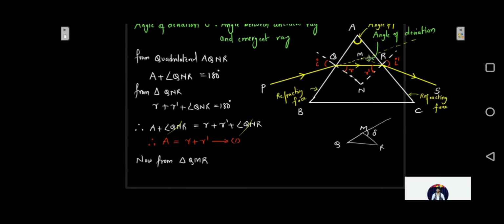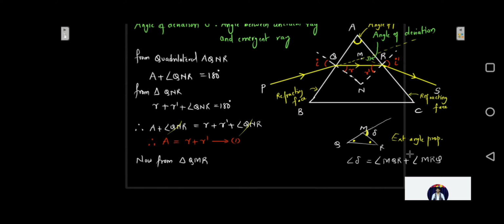From this triangle, since my angle of deviation is an external angle, I can say that the angle of deviation is equal to the sum of angle MQR plus angle MRQ, that is, the sum of this angle plus this angle by the exterior angle property. This I can say, correct?